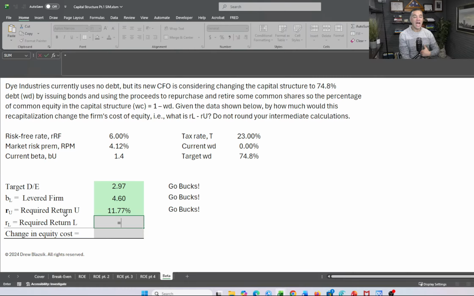We expect a higher return because we're adding risk. So it's going to be the levered beta, the 4.6. I'm sorry, it's the risk-free rate plus the levered beta, and that'll be multiplied times the market risk premium. And then that's just the difference again.